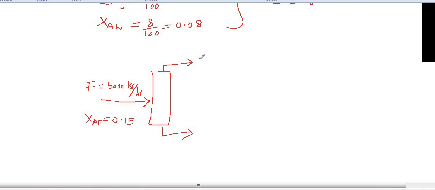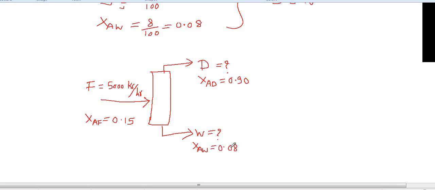From top we get distillate here. Distillate quantity is not given, we have to find it out, but they have given the composition of methanol in distillate, XAD, that is 0.9. From bottom we get waste. This quantity is not given, but they have given the fraction of methanol in waste, that is 0.08.